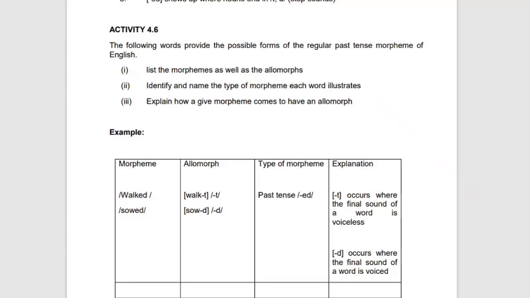Like Allison, the consonant sound there is N. So the first thing you do is go for the vocal cords. Is there vibration or no vibration? That works in your favor regarding explaining whether it is voiced or voiceless. If it's voiced, you get this allomorph. If it's a fricative, you get this allomorph, etc.